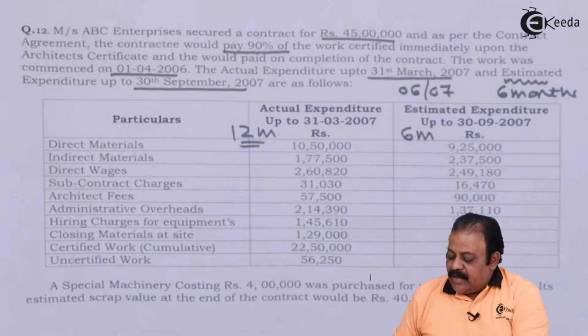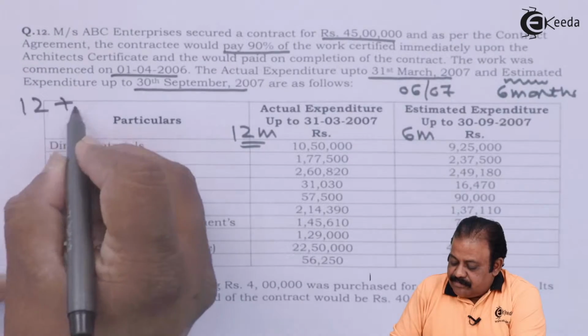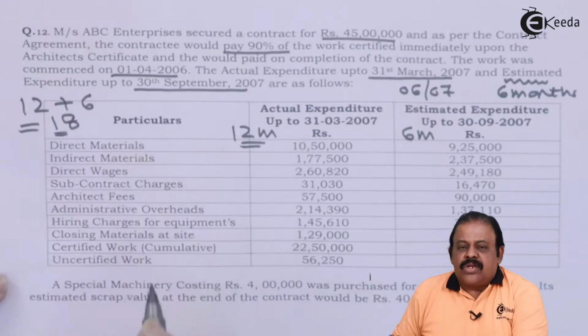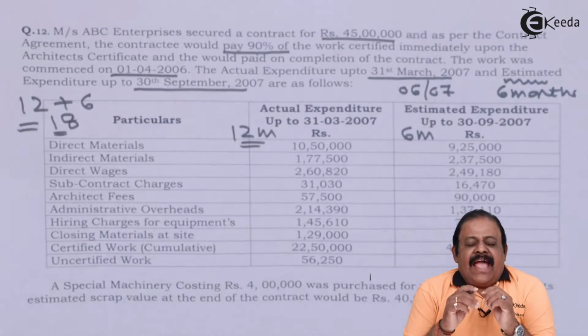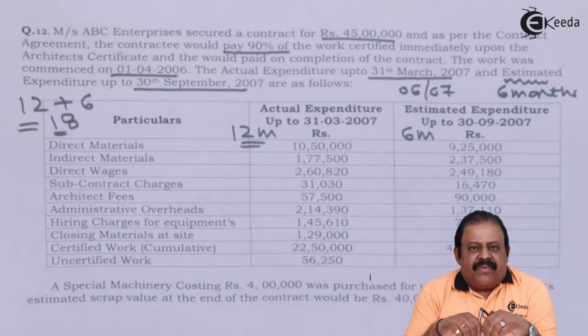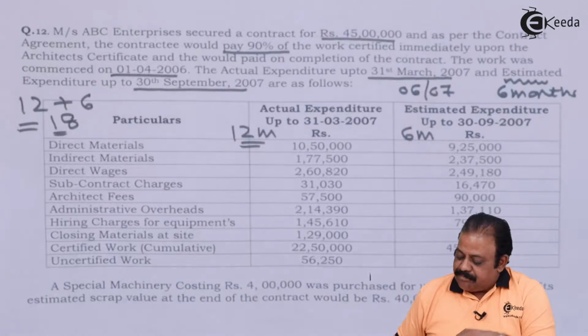So in all, 12 plus 6, the total contract period is 18 months. So we'll be preparing the actual contract account based on actual expenditure for a period of 1 year, and we'll be preparing the estimated contract account or total contract account for the entire 18 months so that we can come to know the amount of estimated profit.